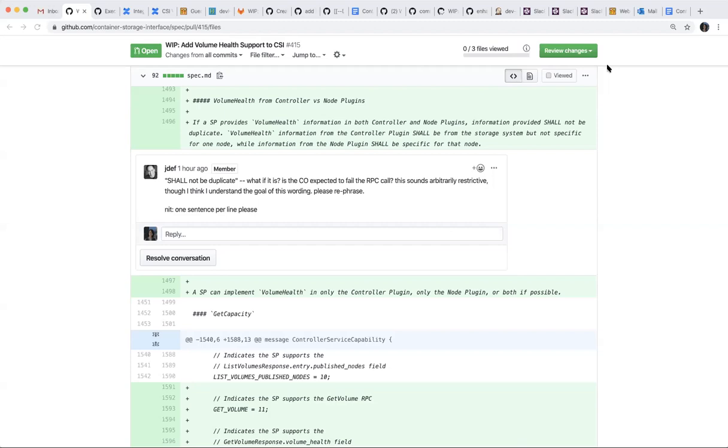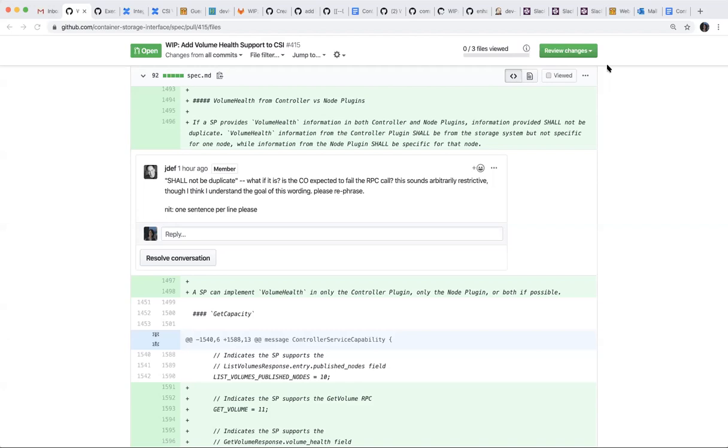But if you have a plugin that doesn't implement the optional controller, then you only have the node signal, which means you only have information while the volume is mounted. So something is missing, and you're hoping for something more robust in that case. Something that has the aspects of a controller plugin, maybe without all the requirements that come along with it, so that a CO could ask what's going on with these volumes even when they're not mounted. Yes, that's what I think is needed.